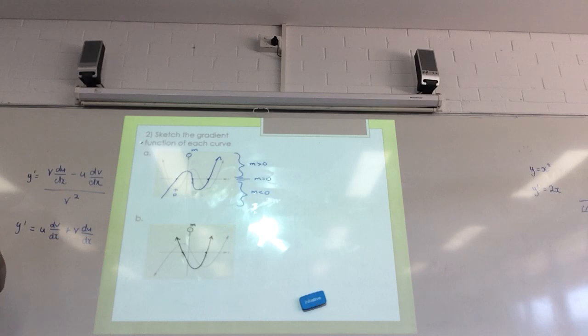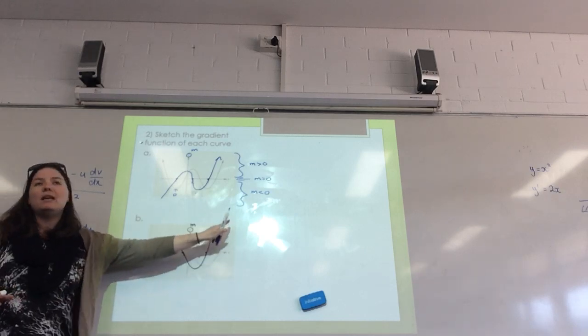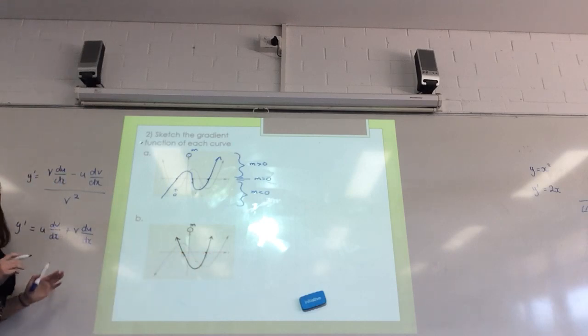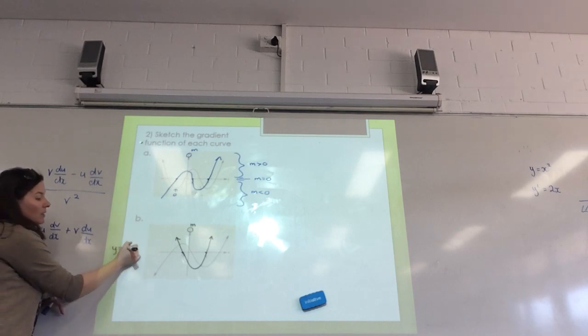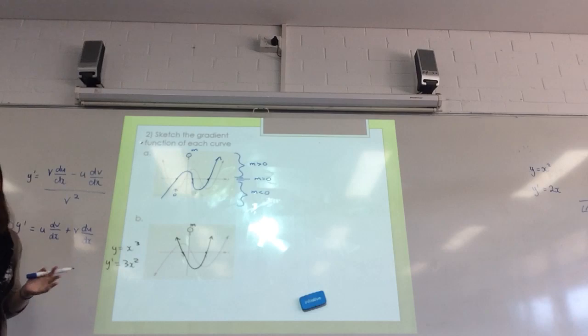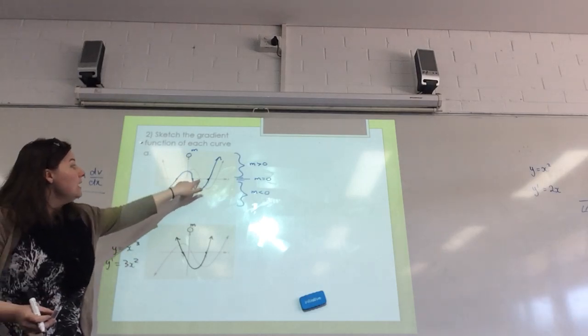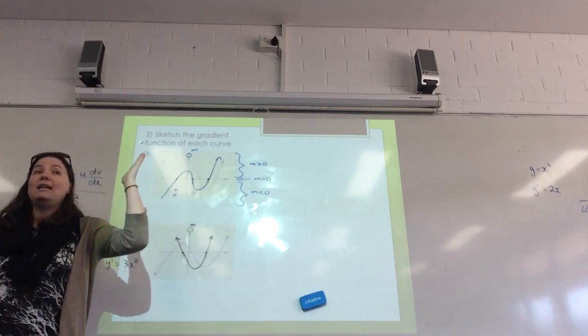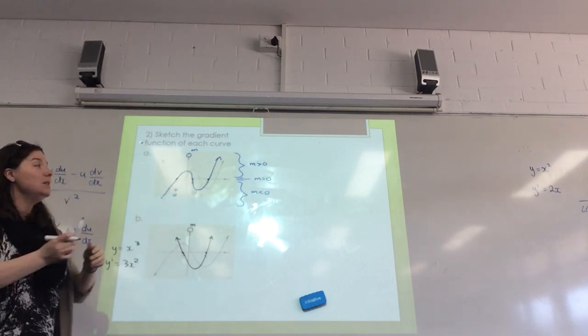Another helpful thing to think is this is going to be a cubic, right? Because it's got 3 intercepts. Also because it looks like your normal cubic but with some bumps in the way. If you have your most basic cubic and you differentiate it, you come up with a parabola. So I expect a parabola, okay? This one here appears to be a quartic, so it's going up at both ends, and it's got some bumps in between.